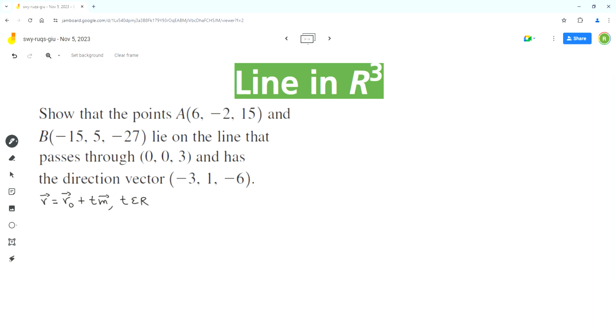We are given that the line passes through the point 0, 0, 3, so we can use that for position vector r0. And we are given the direction vector of the line as negative 3, 1, negative 6.